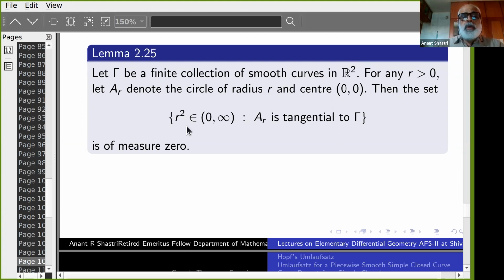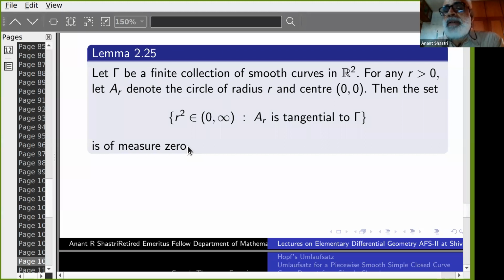Then look at all r squared belonging to (0, infinity) wherein A_r is tangential to gamma. A_r is a circle of radius r, and gamma is a given collection of curves. This set of points is of measure 0.